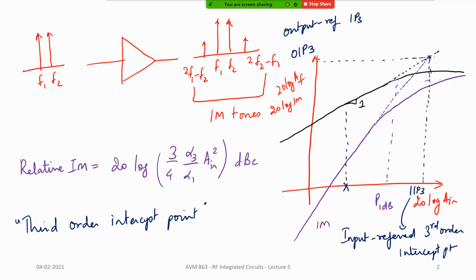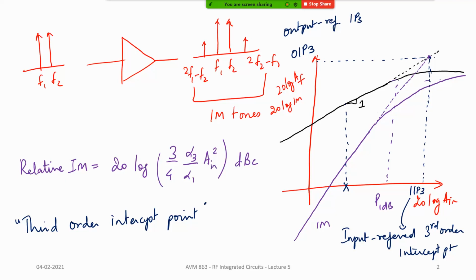Now please understand, this IP3 point cannot be directly measured or even simulated. Of course, there are tools which will simulate and give you, but just by running, you do not get these two curves directly. You take the linear region of the amplifier, when it is quite away from the 1 dB compression point, you trace the fundamental curve and you also trace the IM3 curve, and then you extrapolate them so that they meet at a certain point, and that is your IP3 point.